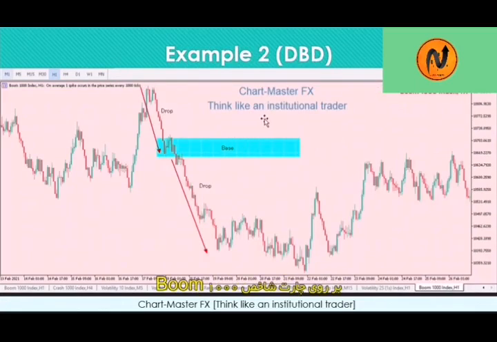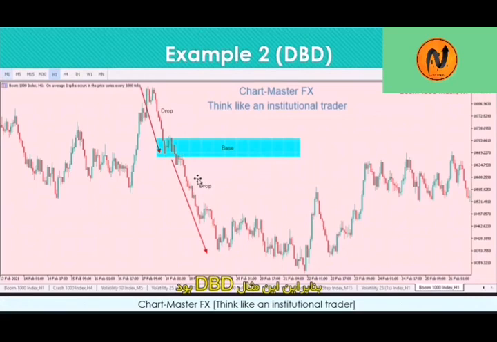On example number 2, we are on Boom 1000 Index on the H1 time frame, and you can see, guys, that we have a drop in price, and the market made some indecision here, and that's where the base is formed. Once we have a base and the price continued going to the downside, we ended up having a drop, base, drop, which is abbreviated as DBD.